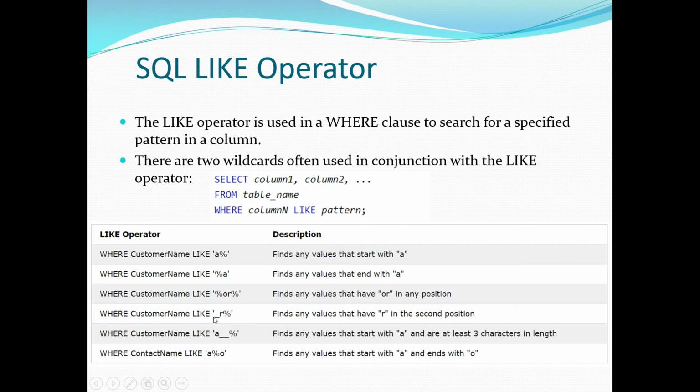And if we start with an underscore, then r, and at the end a percentage sign, it means find any value that has r in the second position.